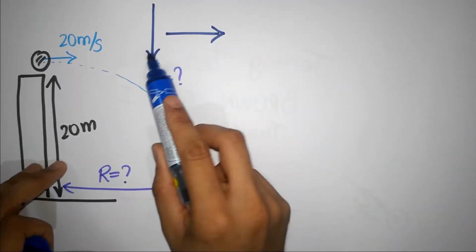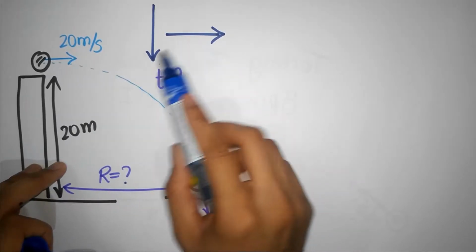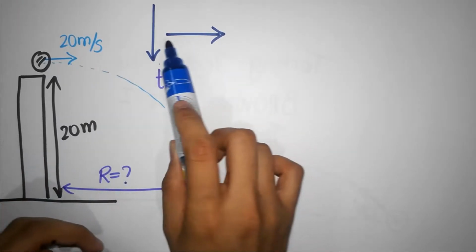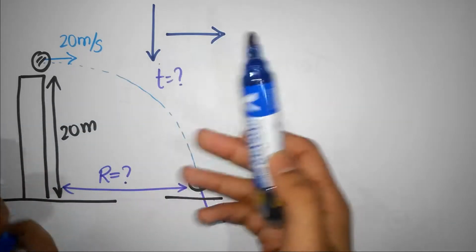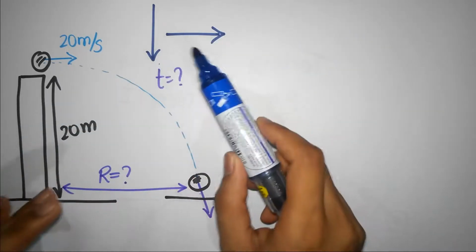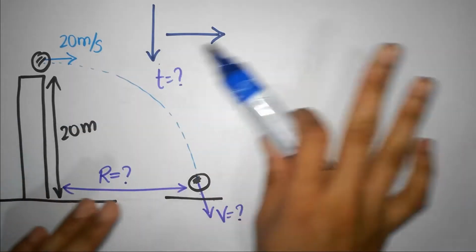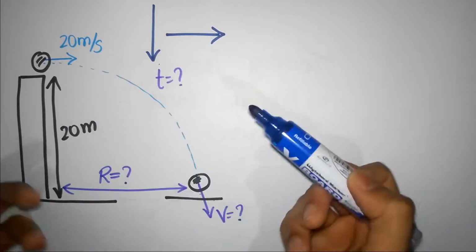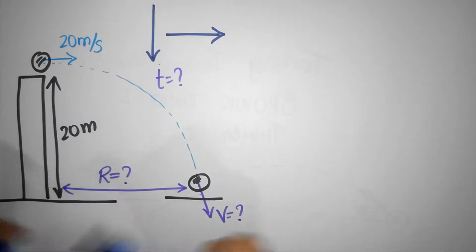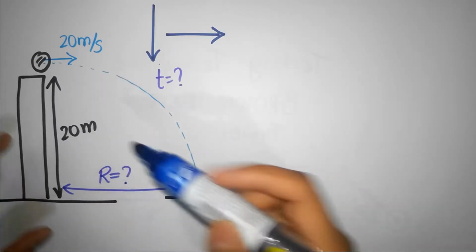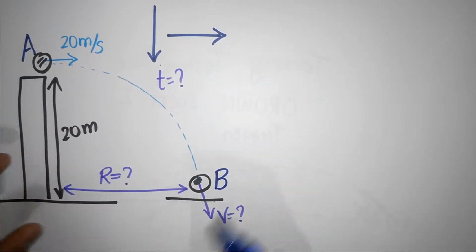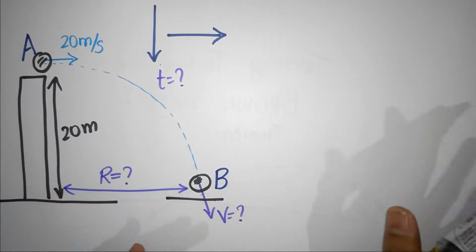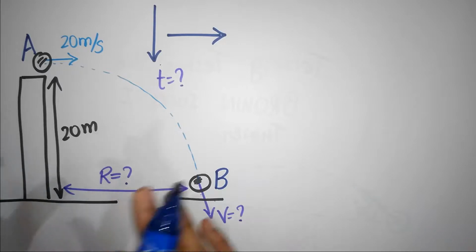Notice that these 2 directions are perpendicular to each other, and because they are perpendicular, the vectors in these directions don't affect each other. Something I've been trying to tell you over and over again, and because of that I can treat horizontal separately and vertical also separately. So let's look at these things from A to B, horizontally separately and vertically separately.